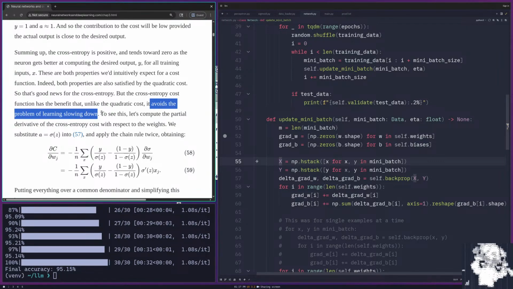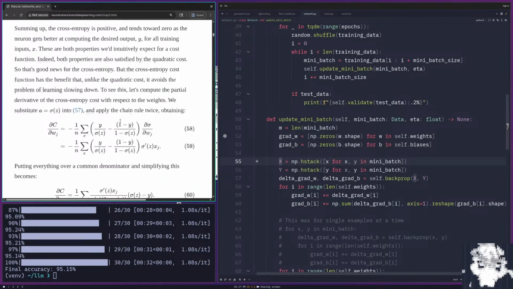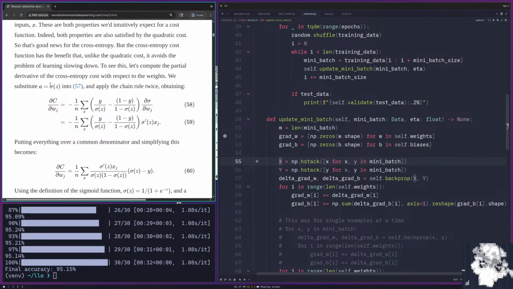To see this, let's compute the partial derivative of the cross entropy cost with respect to the weights. We substitute a equals sigmoid of z into 57 and apply the chain rule twice. So a just became sigmoid of z, and then we're taking the derivative with respect to w of this.